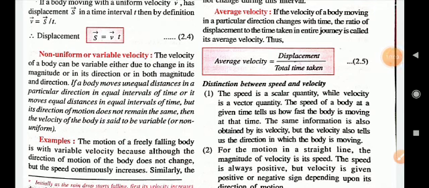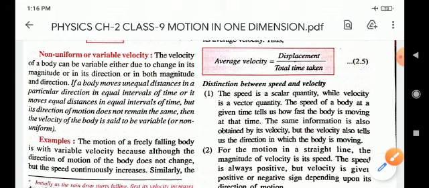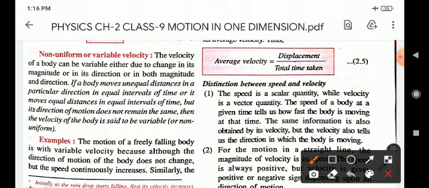Non-uniform or variable velocity. If a body moves equal distance in equal intervals of time, but its direction of motion does not remain the same, then the velocity of the body is said to be variable or non-uniform. Velocity is equal to displacement upon time.